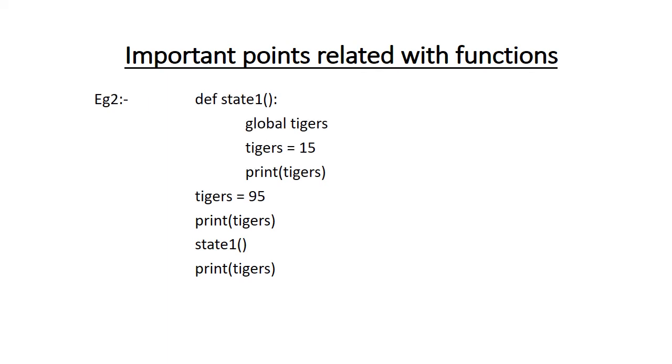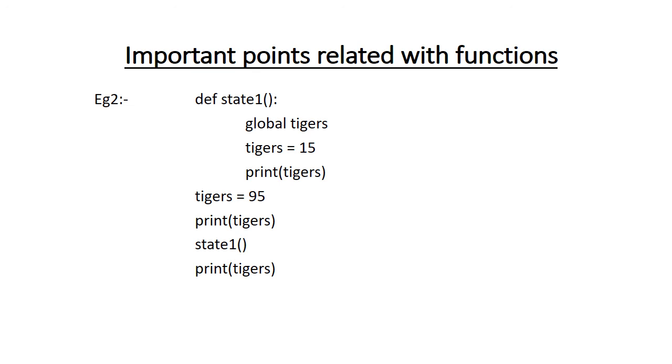Another example, defining the global variables and the local variables. Here you can see the main program. Tigase is equal to 95. Print tigase. It will print the value 95. State1, that means a function is called. So the function definition: what is written in the function definition? Global tigase. That means a variable is declared that is globally accepted. So now the value of tigase is equal to 15.